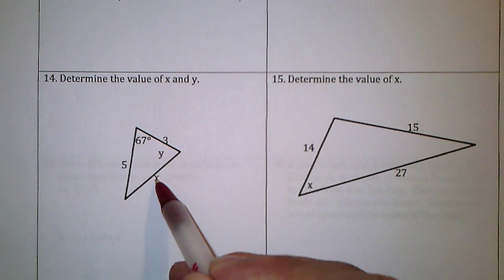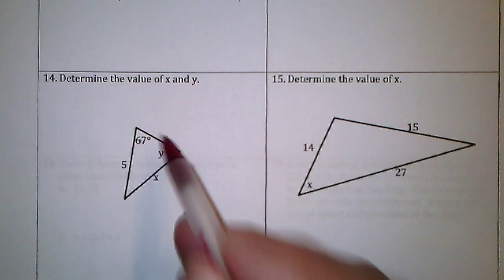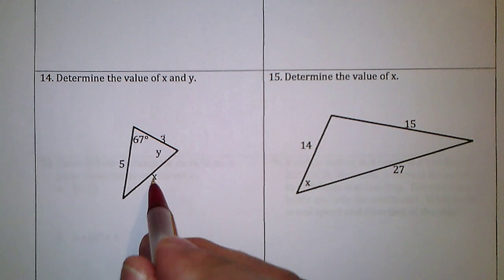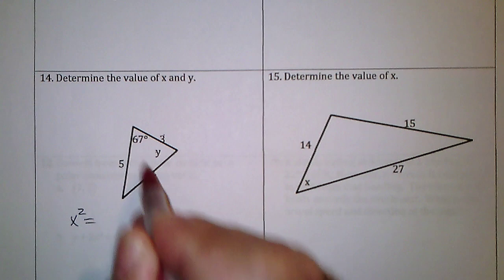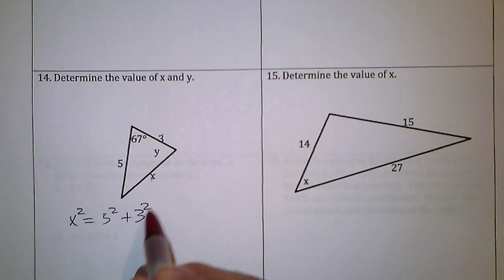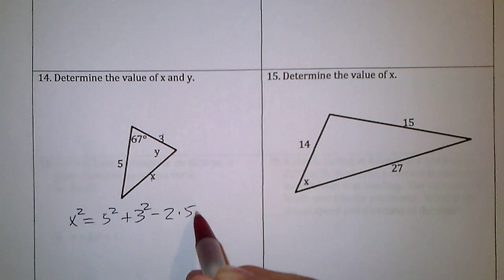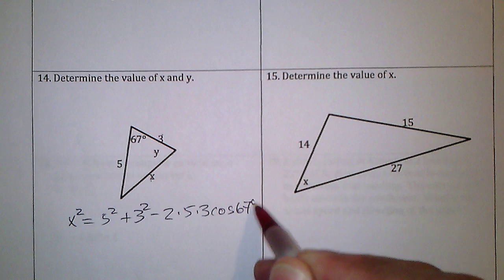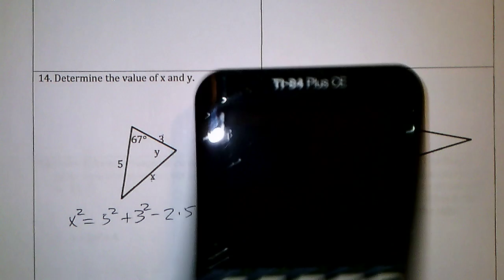Side, angle, side is law of cosines. So we'll do x squared is equal to 5 squared plus 3 squared minus 2 times 5 times 3 times cosine of the angle between. And so I got to take the square root of that.